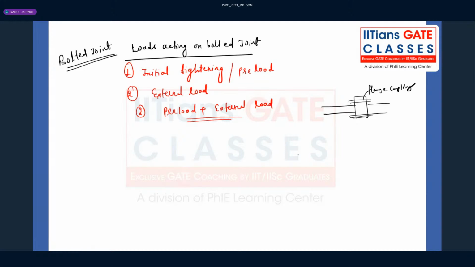How to calculate the preload? Note down the value 2840 D, where D is nothing but the nominal diameter. It is very important.